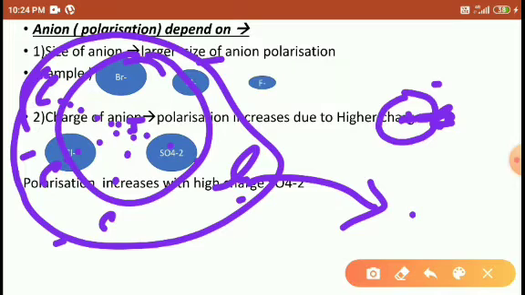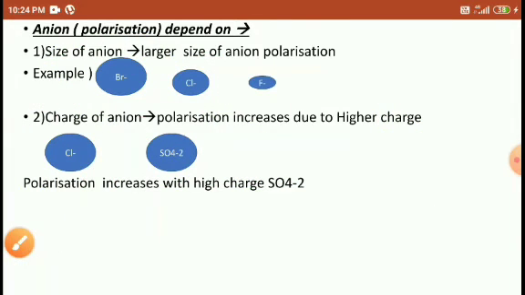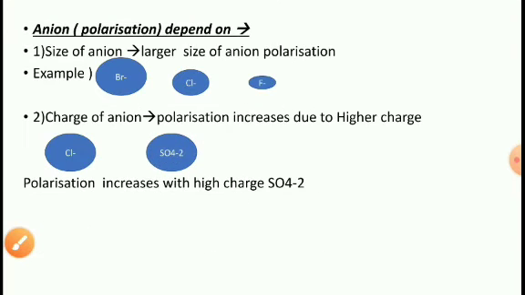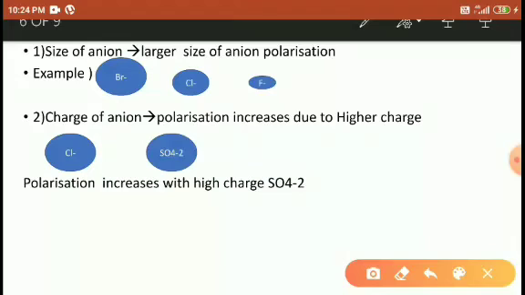Those electrons that are loosely bonded with the nucleus are easily attracted by the cations. In the large size anion the electrons are loosely bonded with the nucleus, so they are easily polarized by the cations. Right, students?